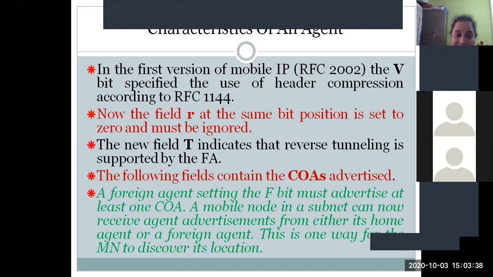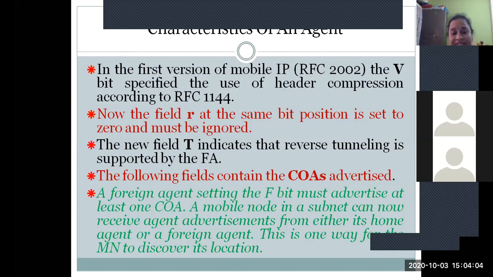It indicates header compression of the mobile IP, not of the IP communication, right? Next one is the T field, which indicates reverse tunneling supported by the foreign agent. So what is this tunneling? What is this encapsulation? The types of encapsulations, all this we can see. While discussing encapsulation and the tunneling procedure, we'll come to this particular format again.